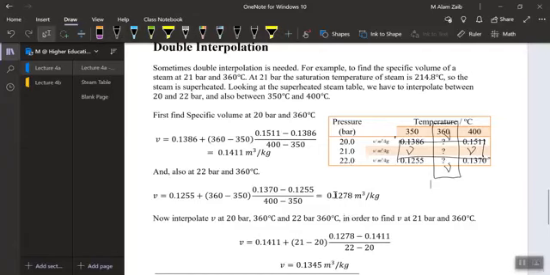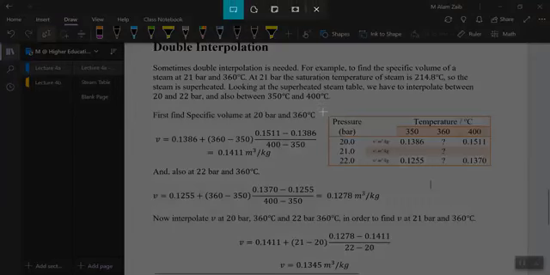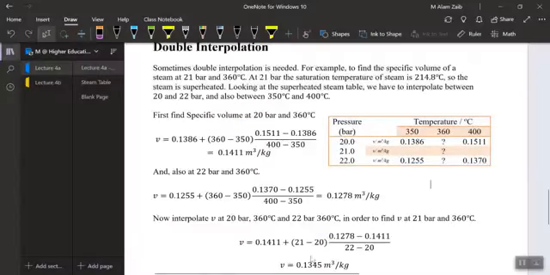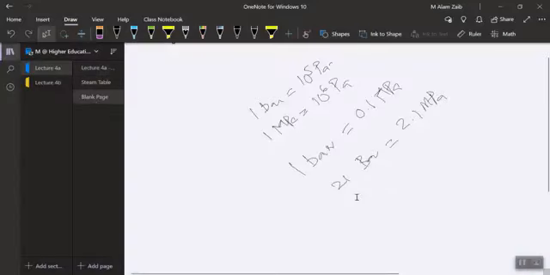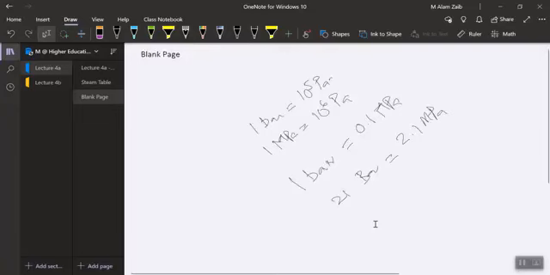Okay, first thing first, let me take this example to another page so we can solve it over there. Now let me put it in a blank one.